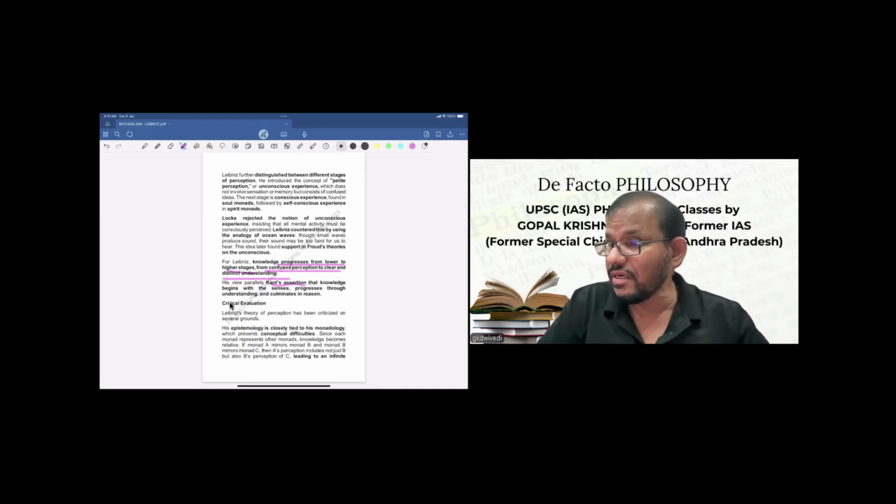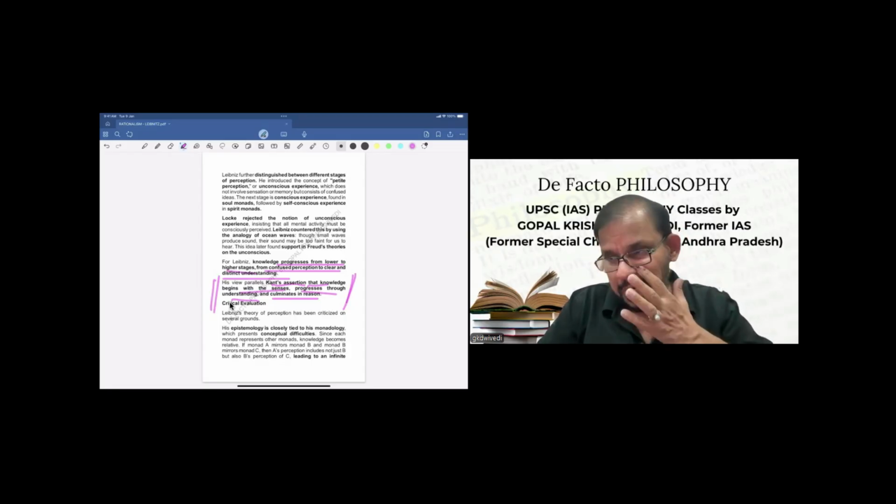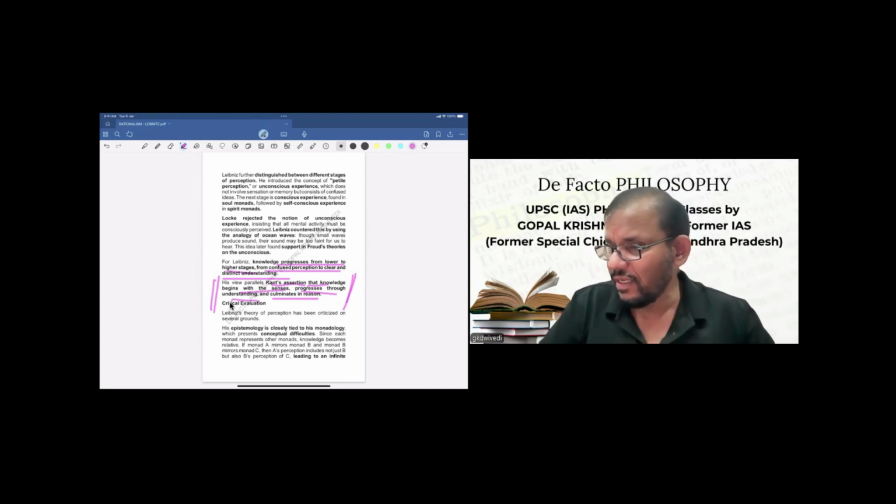Kant's assertion is that knowledge begins with the senses, progresses through understanding, and culminates in reason. A very preliminary view of this is visible in Leibniz's theory of perception also, because Kant developed this whole idea later. Now, what is the critical evaluation of this?